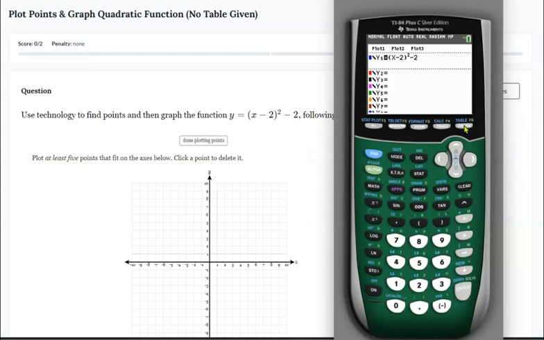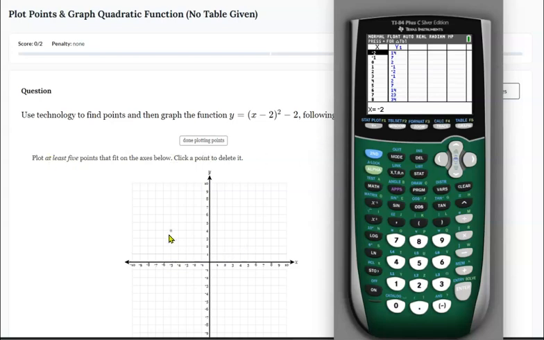Once I choose second graph, I can view a table of points, and all I need to do is plot at least 5. So negative 2, 14 won't work, but negative 1, 7 will work, 0, 2, 1, negative 1, 2, negative 2, 3, negative 1, 4, 2, 5, 7.